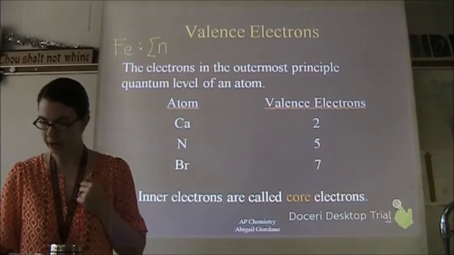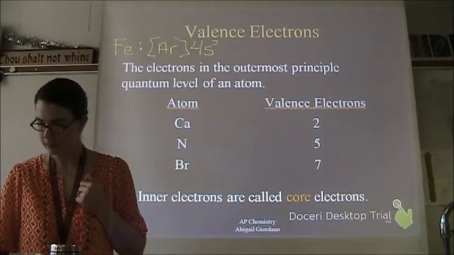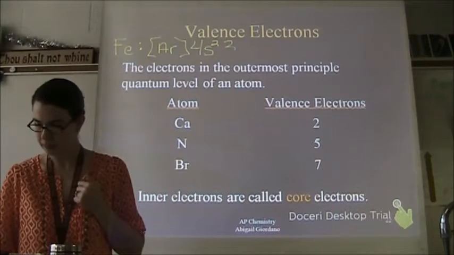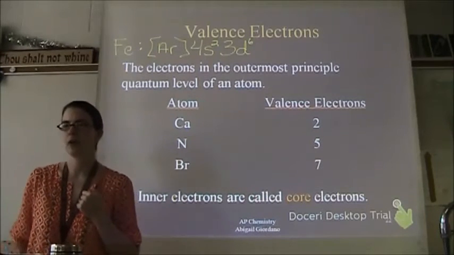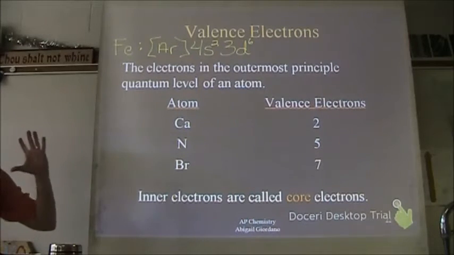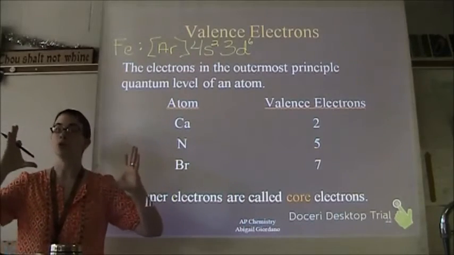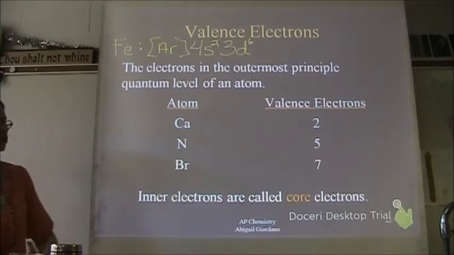All right, Ar in brackets, and then from there, 4s2, then what? 3d6. Great. Now, valence, ladies and gentlemen, your valence energy level means the energy level that is outermost, okay? The one that has electrons on it that is furthest away from the nucleus.